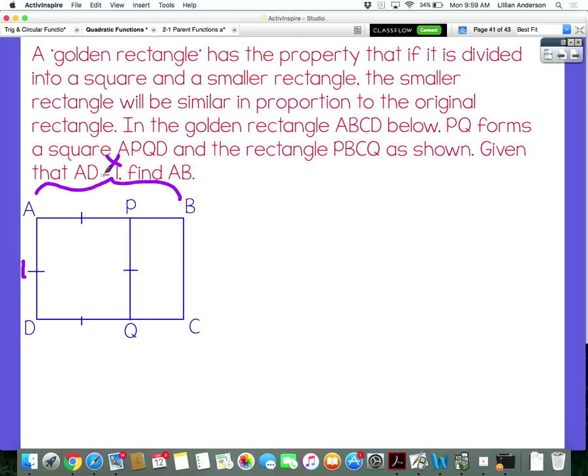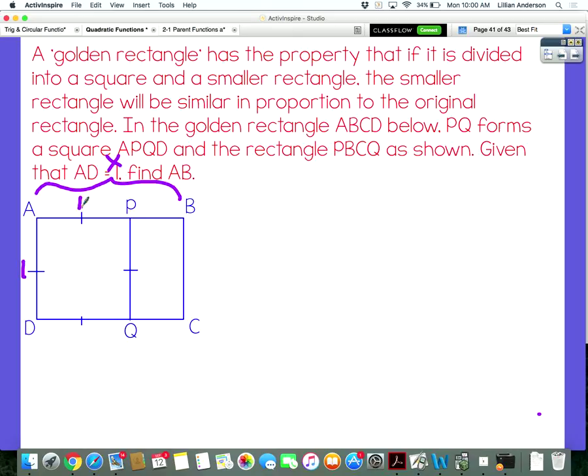Because it's in that red writing up there. Since A to B is 1, P would be 1, and so A to B would be X minus 1.